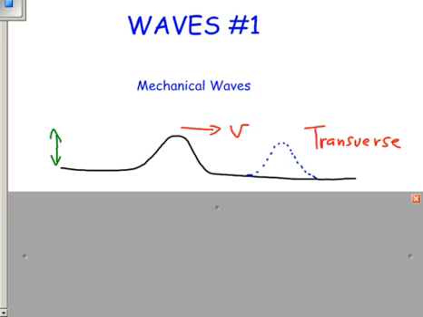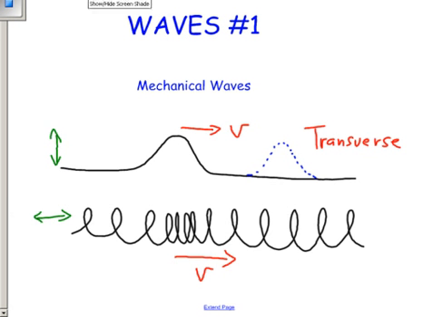We have one other kind of wave which we did in a slinky, okay? And if you push in the end of a slinky after it's been stretched out, you make a different kind of wave. So notice in this one, the wave is moving from left to right. The slinky itself is moving left to right as well. And we have a little compression in there. Okay? This one is called a longitudinal wave.